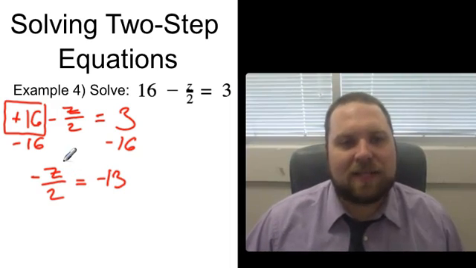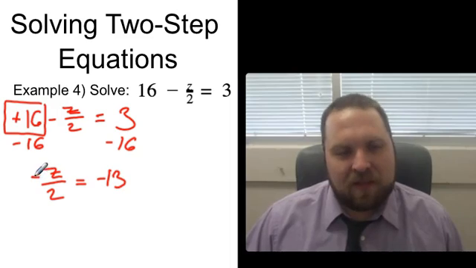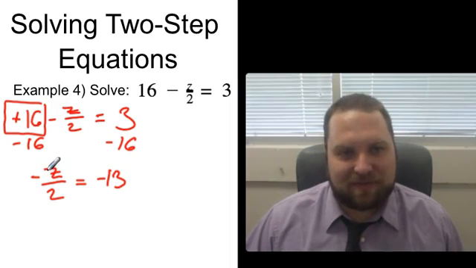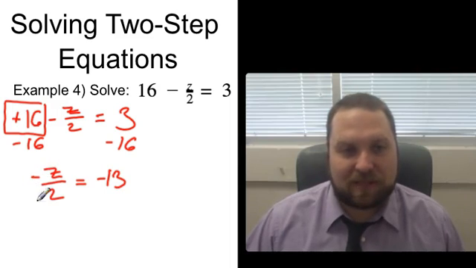Now, there are two ways to handle this with that negative sign that was in front. When I have a negative sign in front of a fraction, it is proper and okay to attach that negative sign either to the top or to the bottom. When we're solving, it's much nicer to attach it to whatever the number is.